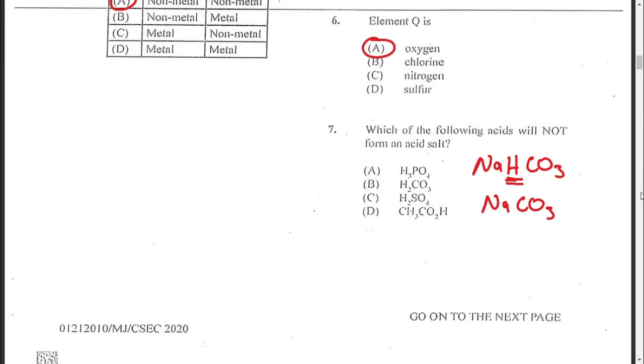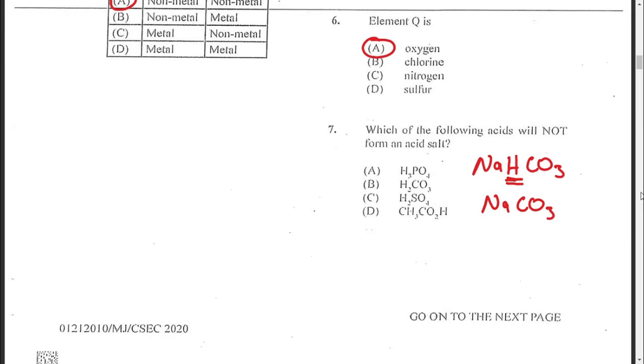Okay, now which species form acid salt? The species that form acid salt are those that have the basicity of hydrogen greater than 1. So it's 2 and more.